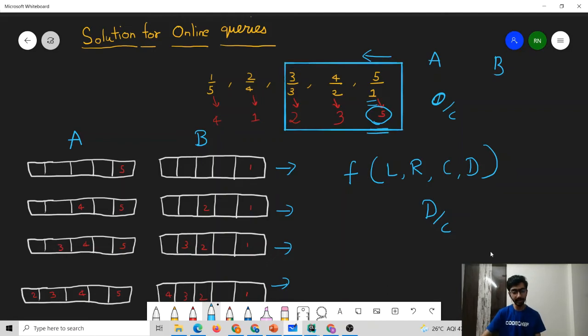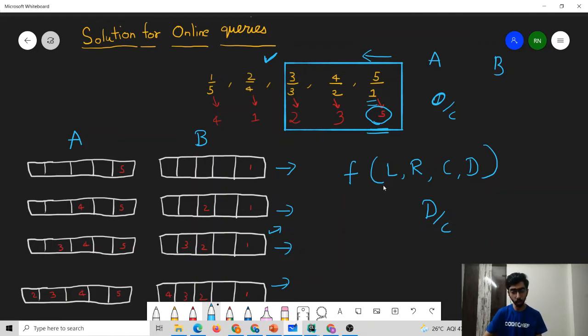This can be easily done by the concept of binary search. I can apply binary search to find the point from where all the other points which are further in the array have the A by B value greater than this particular value. After which I can go to that particular segment tree which has all these elements which are greater than this particular D by C value.